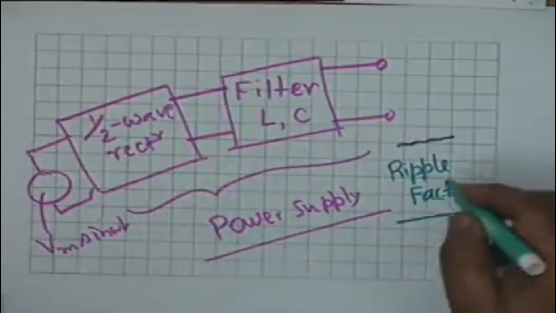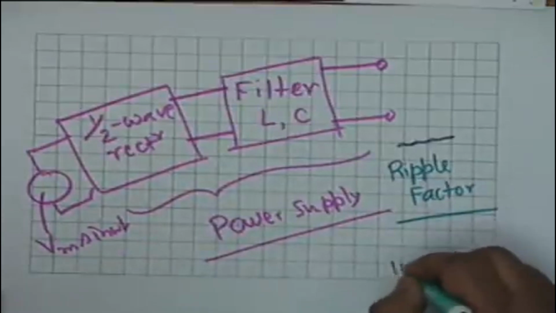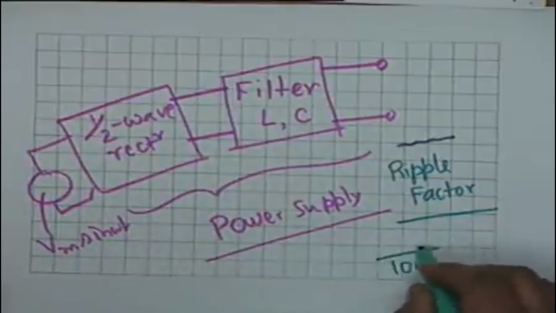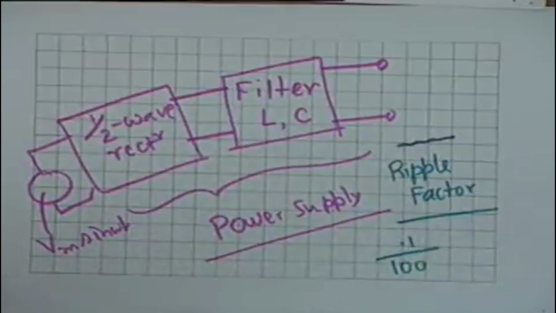For example, if the DC voltage required is 100 volt and the ripple is, let us say, 0.1 volt, then we say the ripple factor is 0.1 divided by 100, or sometimes specified in terms of percentage. We simply say the ripple is 0.1%, all right, 0.1 in 100.